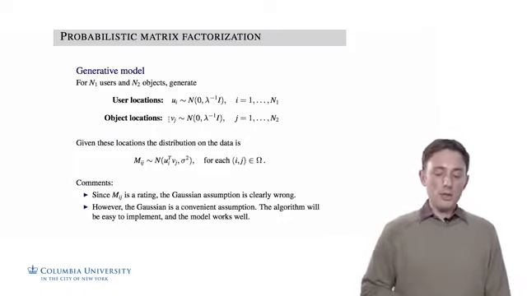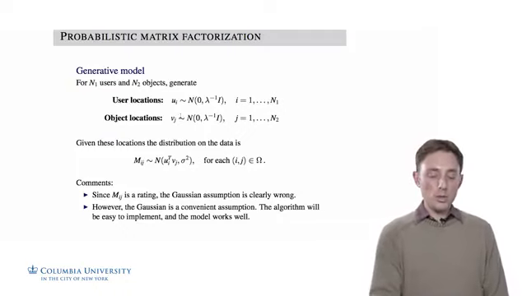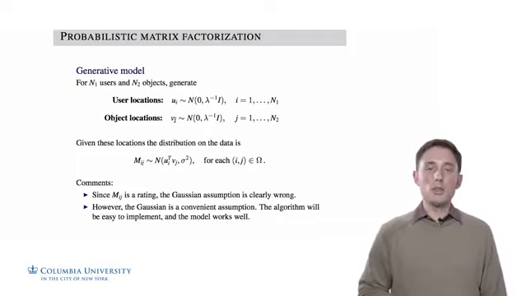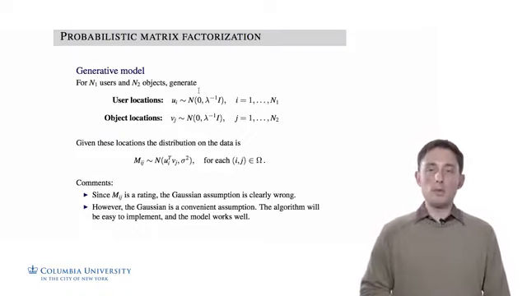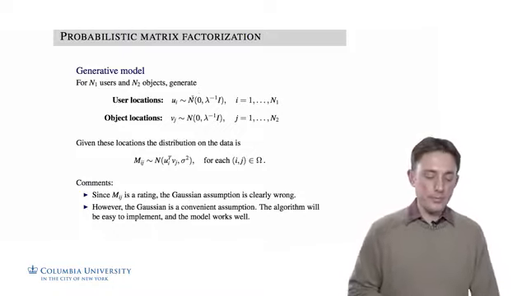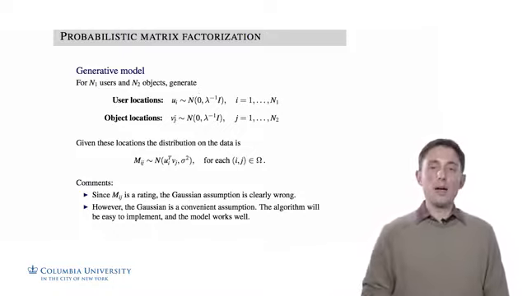And for each of the n2 objects, we're also going to assume that their location is generated i.i.d. from the same Gaussian. So this is just a simple case of what types of priors we could use. These are the priors that we define on the respective locations of all the users and all of the objects in R^d.